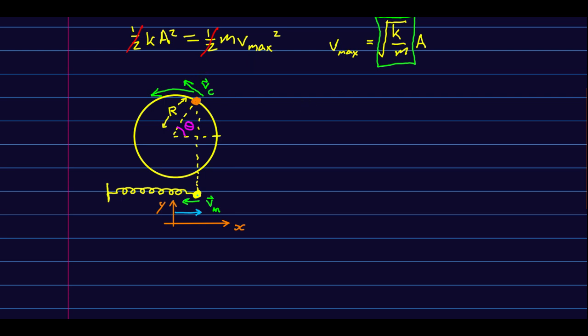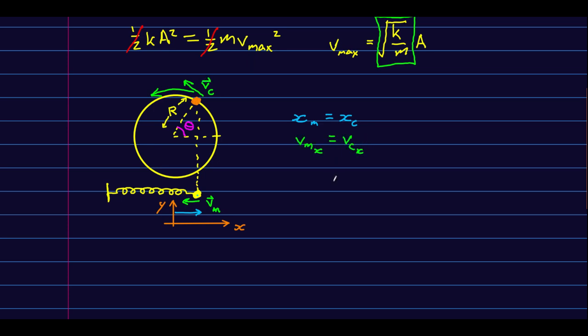So what we have is that x_m is always equal to x_c, and the x component of v_m is always equal to the x component of v_c.